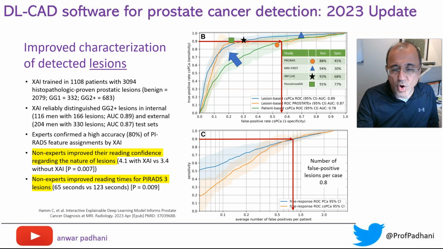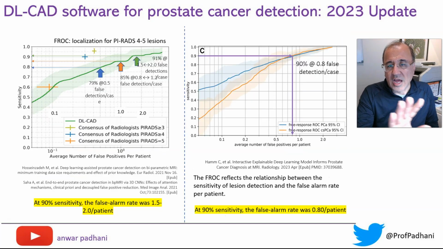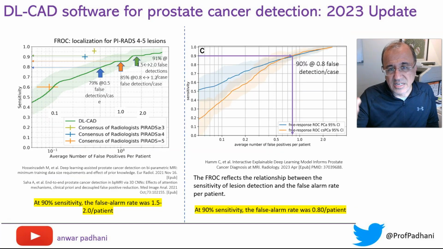And if you look on the bottom right hand side, you can see that at 90% sensitivity the number of false positive per case is 0.8. Now I've just compared that, and I put that on the upper right hand side, and you can see that at 90% sensitivity the false positive rate per case was 0.8.